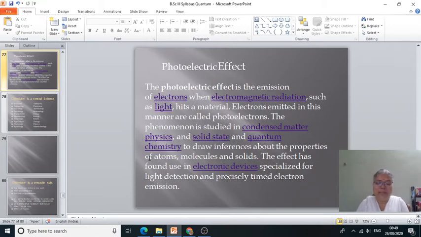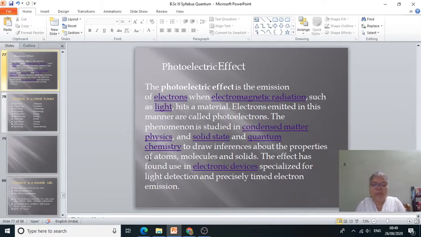Then the third characteristic, as the intensity of incident light increases, the number of ejected electrons also increases. Remember that as the intensity of incident light increases, the number of ejected electrons also increases. This results in an increase of photoelectric current.